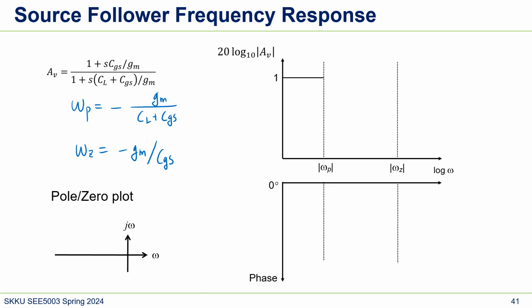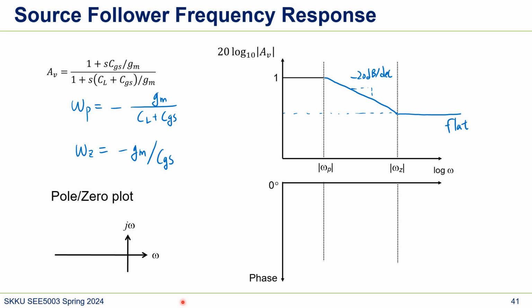So what happened to the gain? It decreases here at minus 20 dB per decade, and then it's just flat. What is this value actually? Let's see the circuit again.